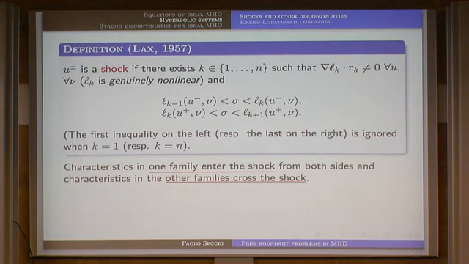And we have these strict inequalities. In between we see the shock velocity sigma, which is never equal to one eigenvalue.